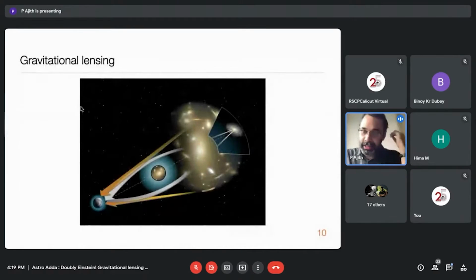And now this sort of gravitational bending of light, as well as radio waves, etc., by the sun, has been verified with much better precision in the later decades of the 20th century, especially using radio astronomy. And now much more dramatic versions of this gravitational bending of light, which is now called gravitational lensing, is a very commonplace phenomenon in modern astronomy.